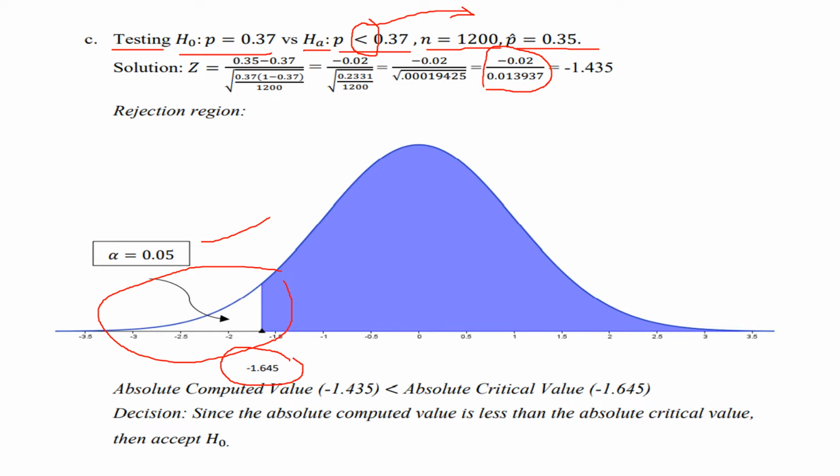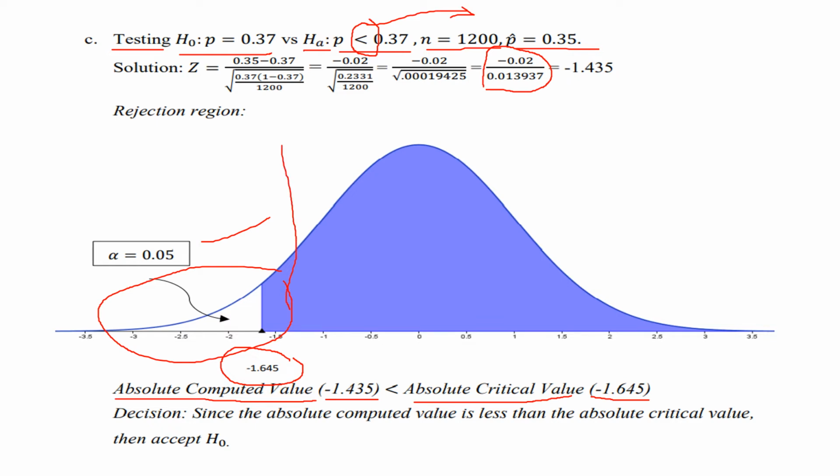So if we compare this negative 1.645 to negative 1.435, then the computed value negative 1.435 is less than your absolute critical value, which is negative 1.645. Then it will fall here, no?